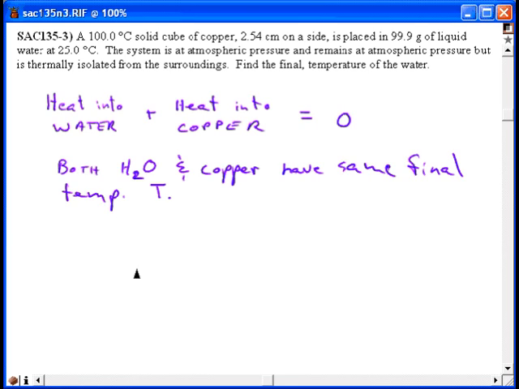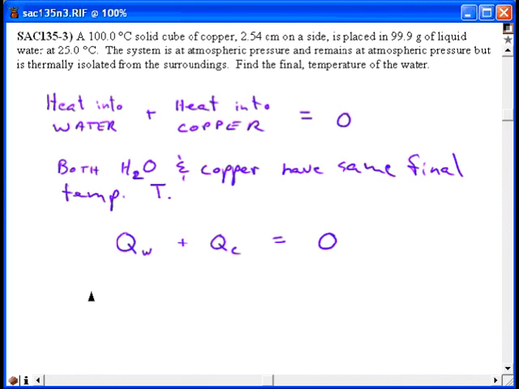All right, let's write this down. Q_W plus Q_C is equal to 0, where Q_W is the amount of heat that flows into the water, and Q_C is the amount that flows into the copper.